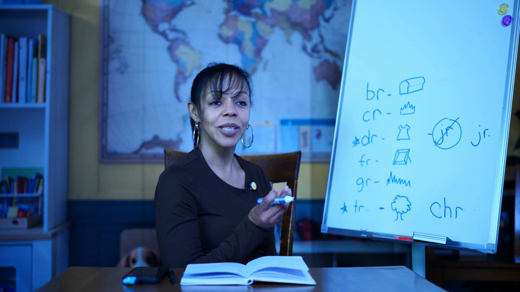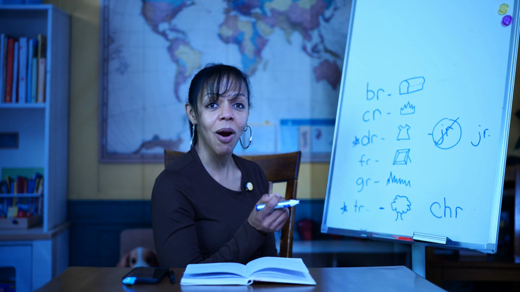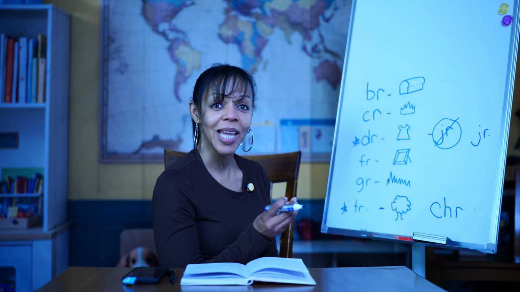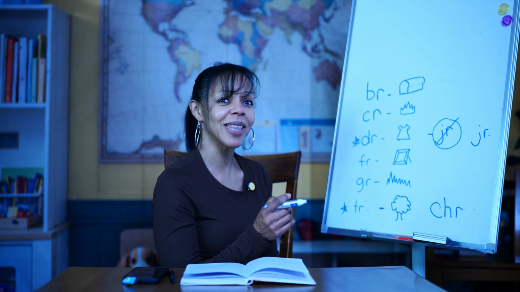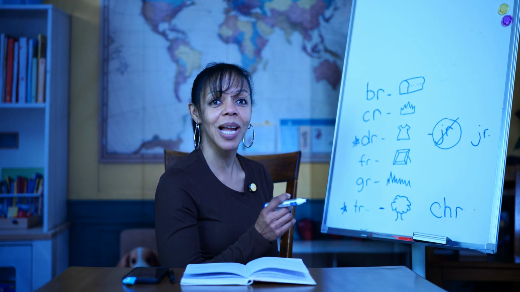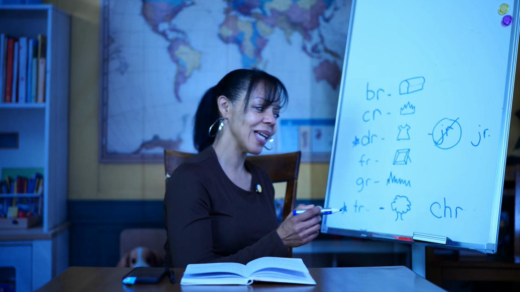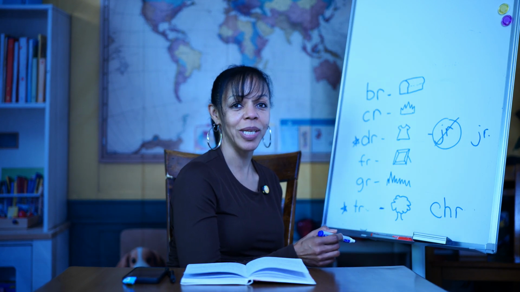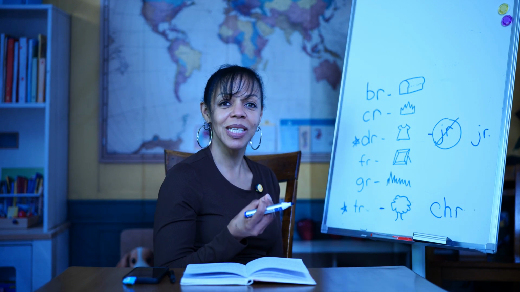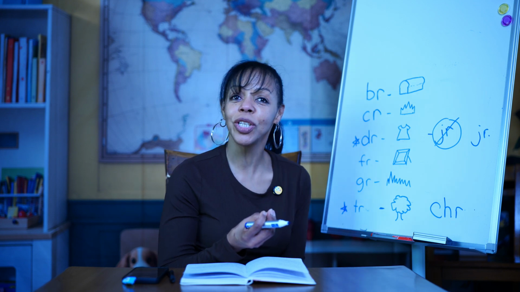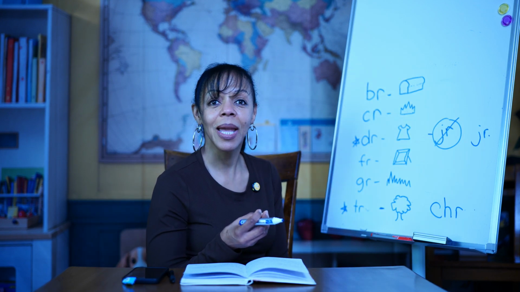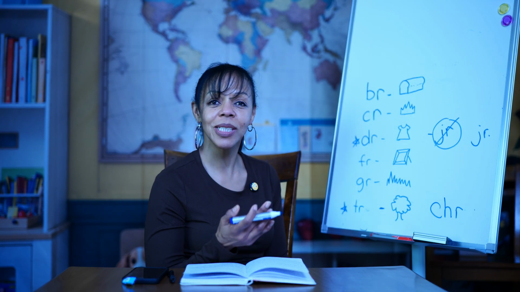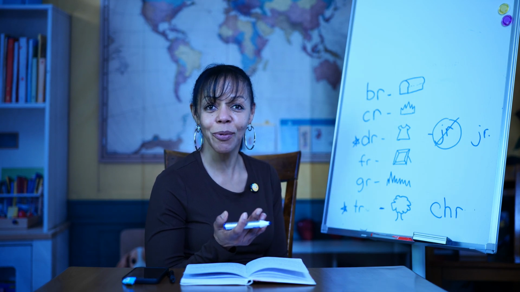So again, you can even tell them TR can be tricky. I let the students know some children think that they're hearing chura like CHR, but that's not the beginning sound for tree. So just be explicit in the teaching and let the children know that DR and TR can be tricky, and you're going to give them extra practice on those words.